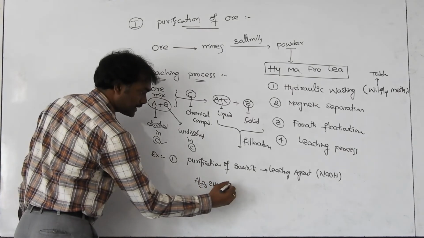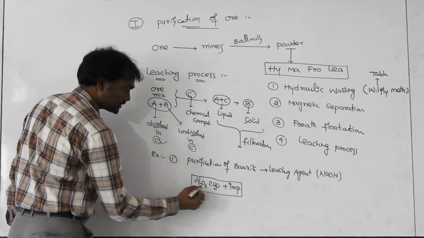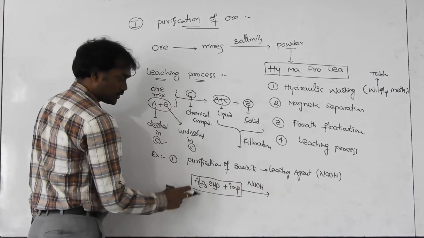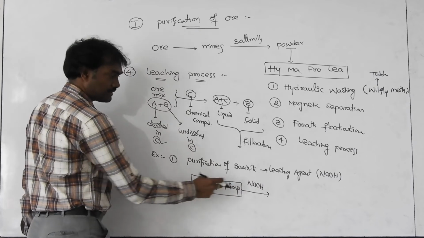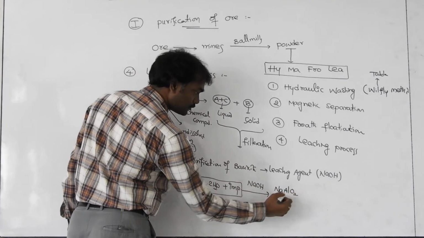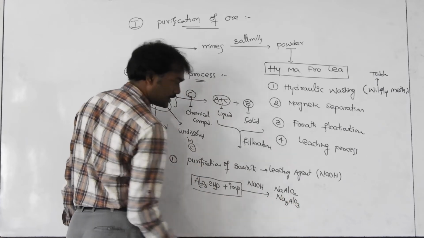This contains impurity. Now we treat this with NaOH. So alumina is dissolved in NaOH. You are getting NaAlO2, otherwise Na3AlO3.